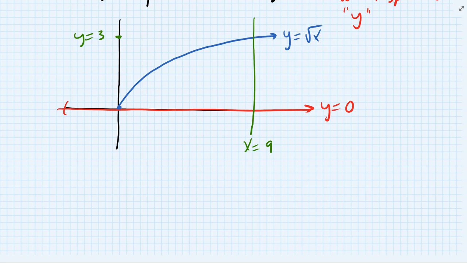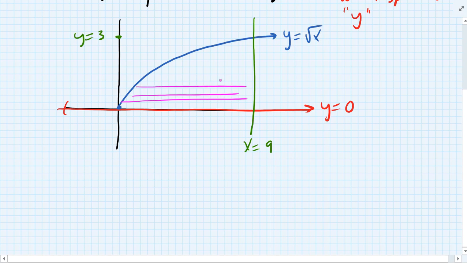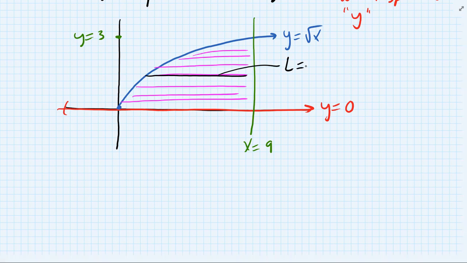What are our cross sections perpendicular to? The y-axis. So are they like this? If I'm doing my length, I'm doing one of these lengths. What is this length equal to? And this time I don't want upper minus lower. I want right minus left. What is the equation for the right boundary?